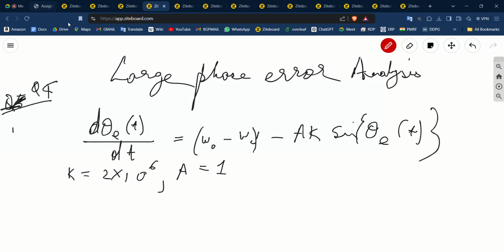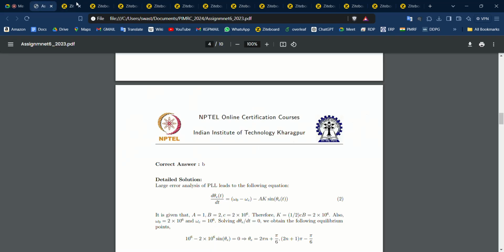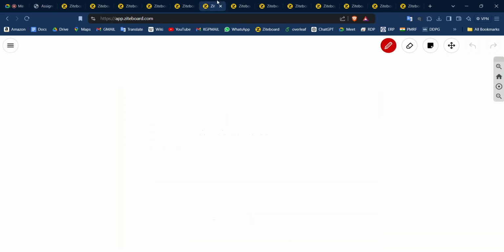So, a equal to 1. Therefore, the equation becomes d theta e/dt. Omega naught is 2 into 10 to the power 6 and omega c is 10 to the power 6.